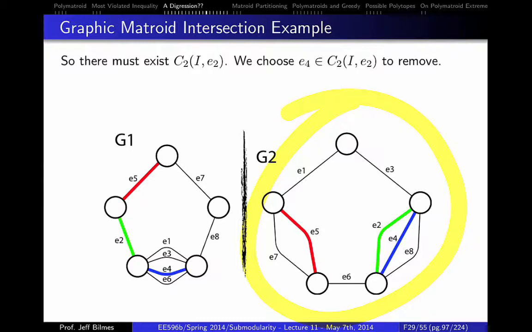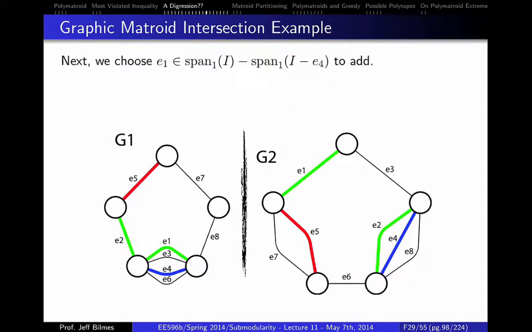So now we're going to choose an E4, which is in that fundamental circuit. E4 is this blue thing, and it's the thing that we're going to remove. The reason why it's blue is because that's what we're removing. And so we remove it, and then we choose E1 in the span to add, and E1 is the green one.